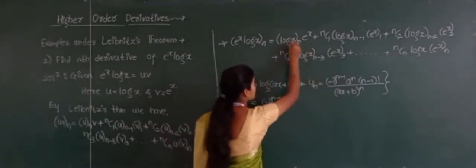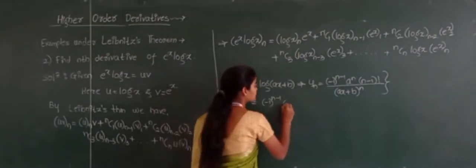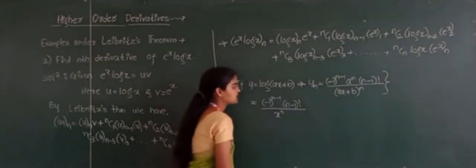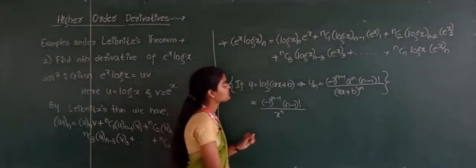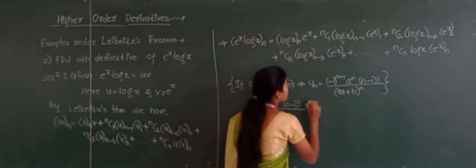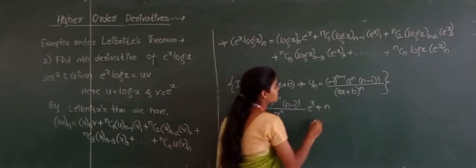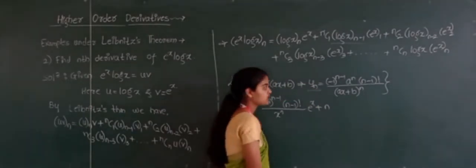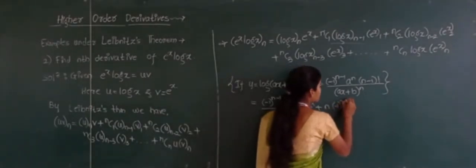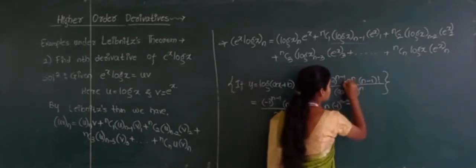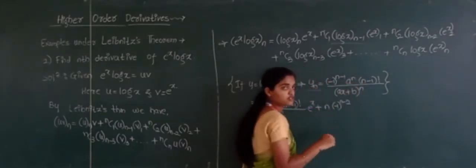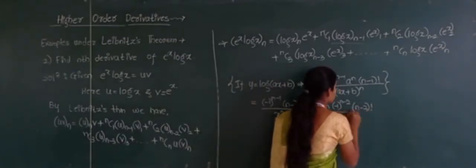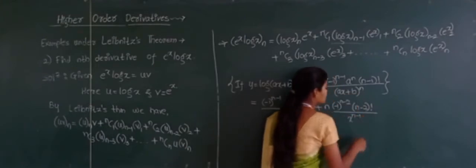Again a raised to n is there, a value is 1, so I will not write that term, into n minus 1 factorial divided by x raised to n, since ax plus b here is only x, into e raised to x as it is, plus nC1 value is n and the n minus 1th derivative of log x, means here we substitute n equal to n minus 1, we get minus 1 raised to n minus 2, again a raised to n value becomes 1, so I will not write that. Then here n minus 2 factorial divided by x raised to n minus 1.